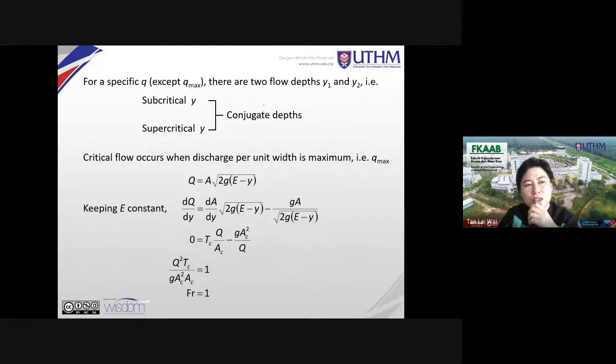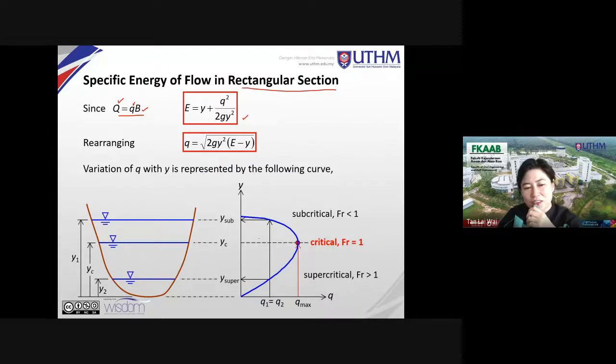Now for specific q, except for q max, when it's critical flow, there would be two flow depths. Now remember here, we are using the conjugate depths term here because the one that we plot here is not related to energy already. There's no specific energy term here.